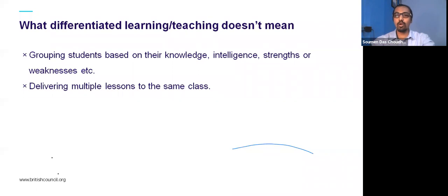So even though we are talking about mixed ability classes and different levels of the learners, it doesn't mean delivering multiple lessons. We have our syllabus to complete, right? So one needs to think about what best one can achieve while planning the lesson. How can we use the maximum of the differentiating techniques that we are going to address in a while?